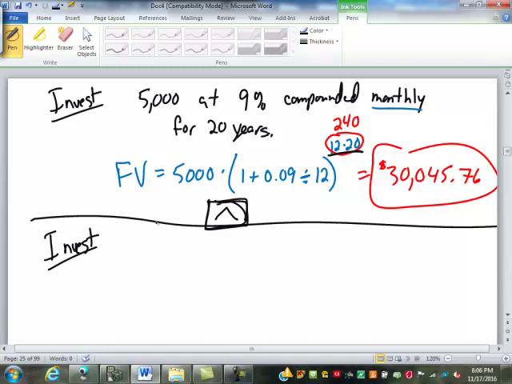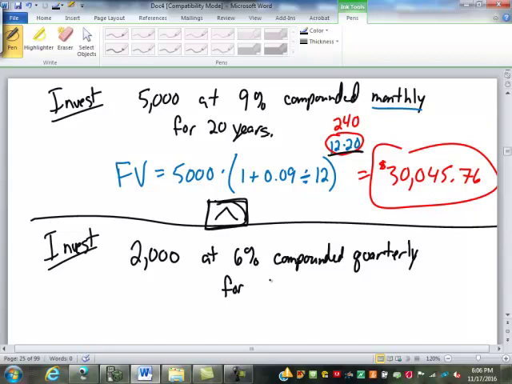You're going to invest $2,000 at 6% compounded quarterly for 8 years. See what you come up with.